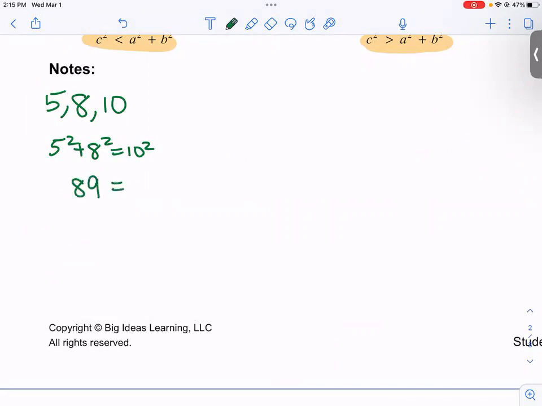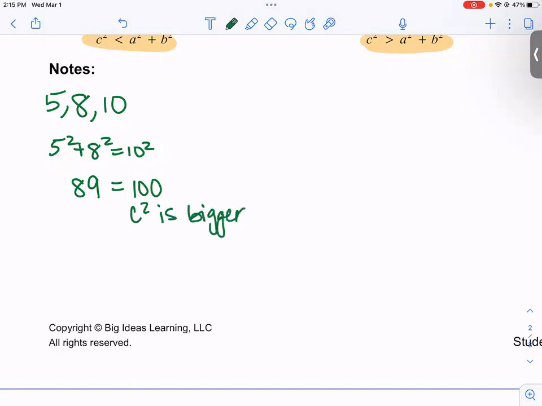It's 89? Can we just hold the reins a little bit? Let's all be together. 25 plus 64 is 89. 10 squared is 100. So c squared is bigger.